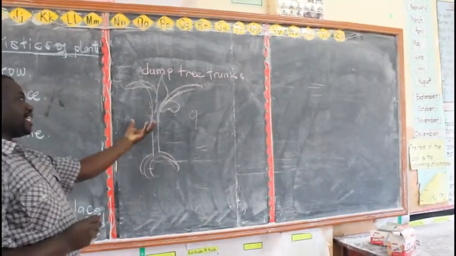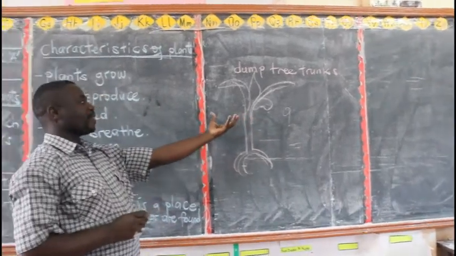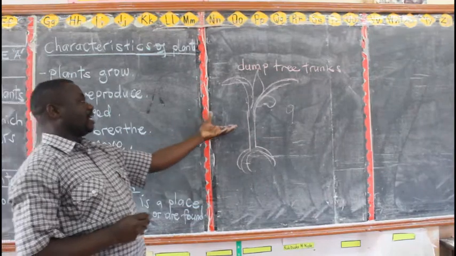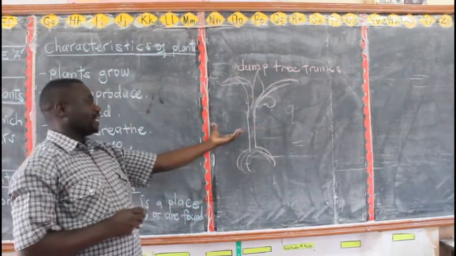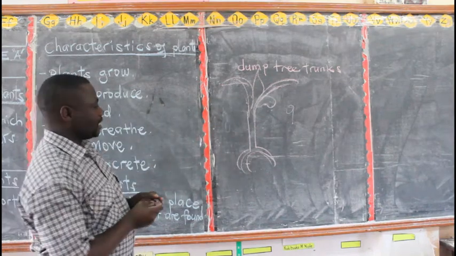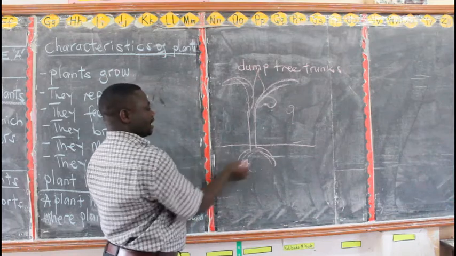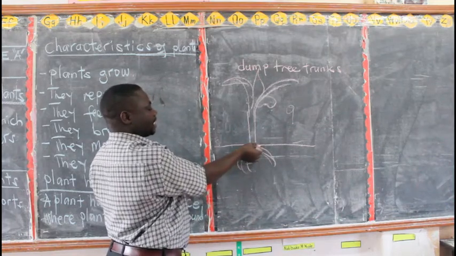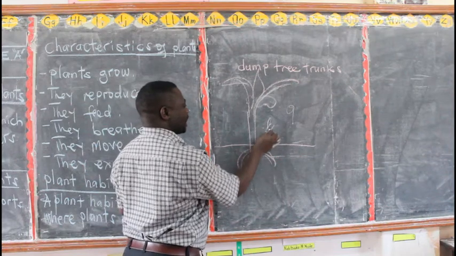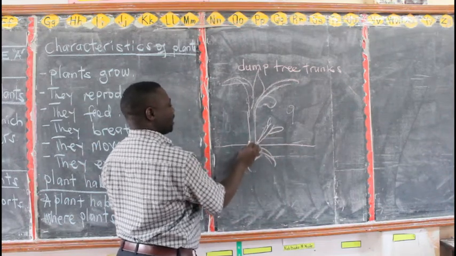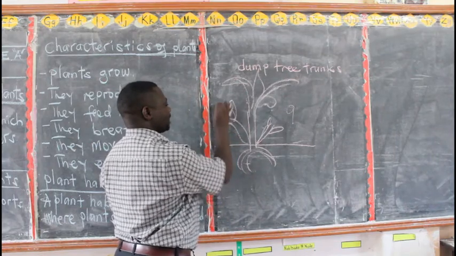This is the main sucker. We don't call it a stem, or just a plant. It is a sucker of a banana plantation. Then afterwards, you are going to find that at the basement of this plant, there are some other suckers that will be developing with time. You will find another one there. You are going to find also another one developing this side.